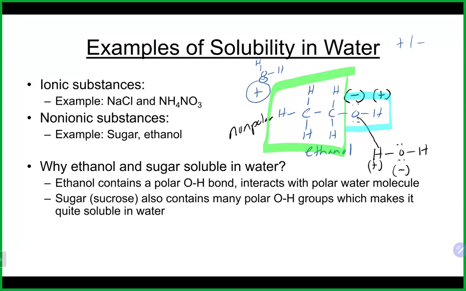This is a special type of interaction known as hydrogen bonding, because it's a bond between hydrogen and oxygen, nitrogen, or fluorine. That makes something like ethanol really soluble in water because they both have that positive, negative way they can interact with each other, and they will mix together.